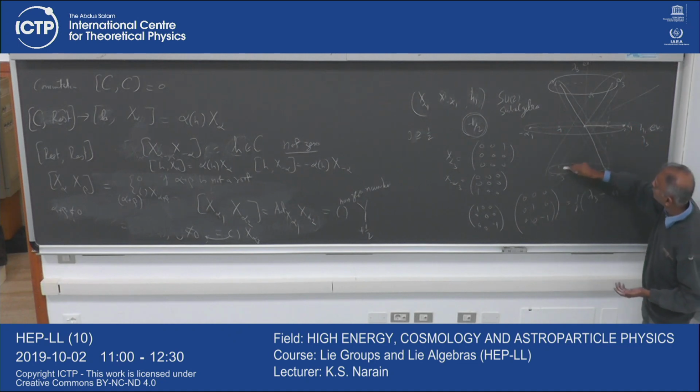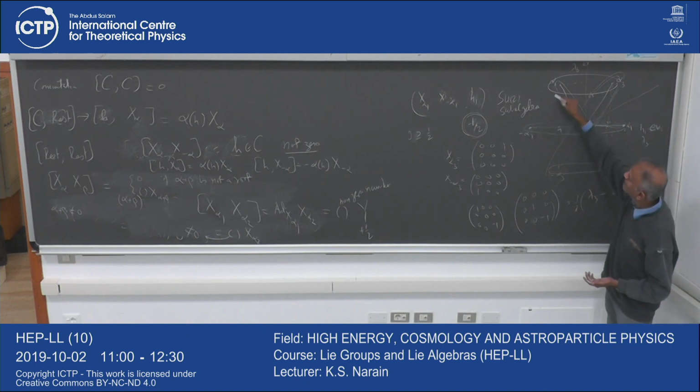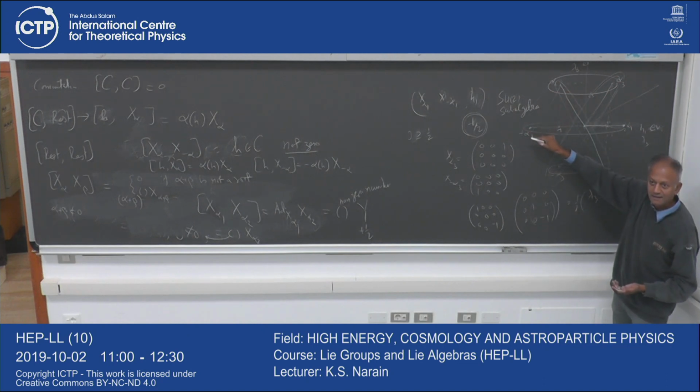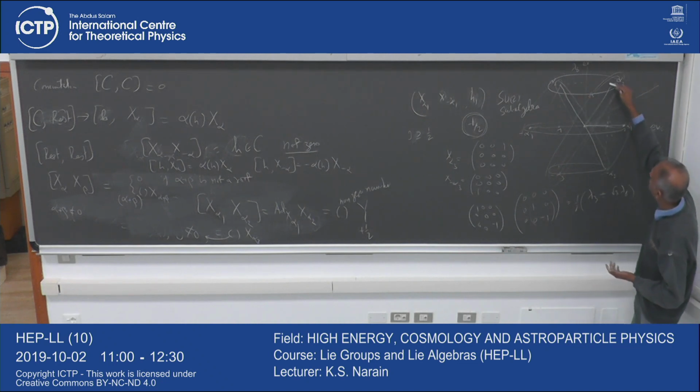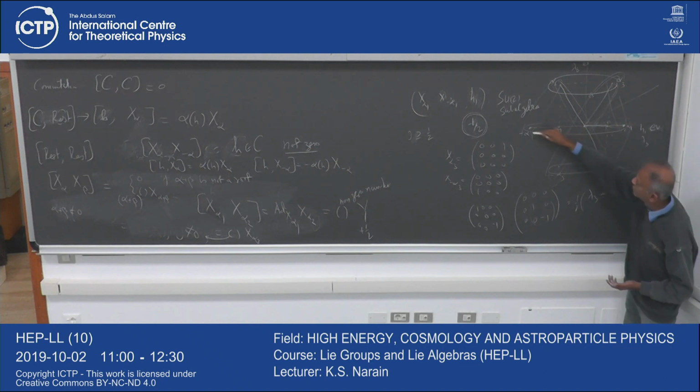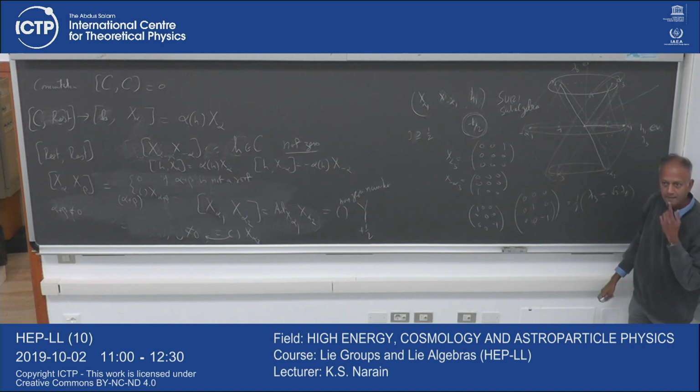Now look at this SU2. With respect to that, these two guys will form a doublet, and these two guys will form another doublet. Or take this SU2. With respect to this, these two will form a doublet, and these two will form a doublet. So it's a very, very tight structure. That is the reason why we are getting such beautiful geometric pictures.